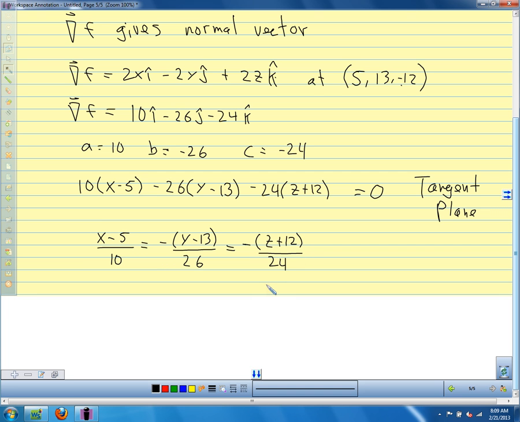Those are symmetric equations for a line. So that's going to be the symmetric equations for our normal line. Questions?